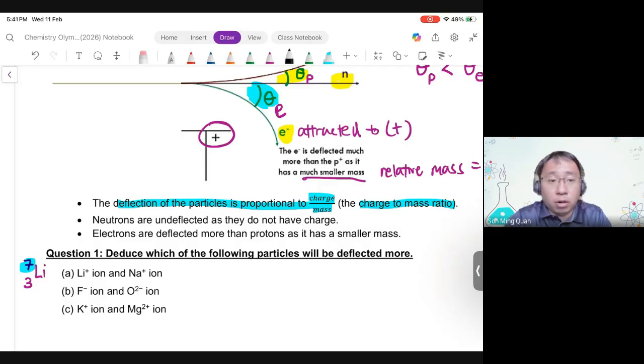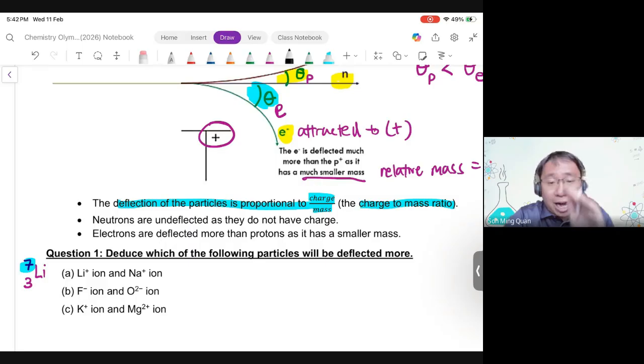Give me just 1 minute more to finish question 1A, 1B, 1C. Okay, I'm sure all of you have worked it out.